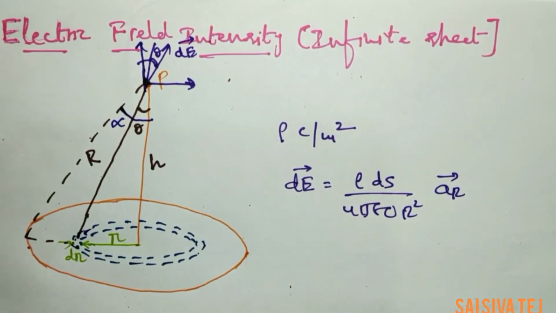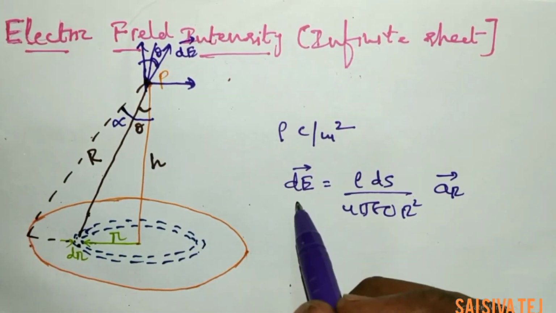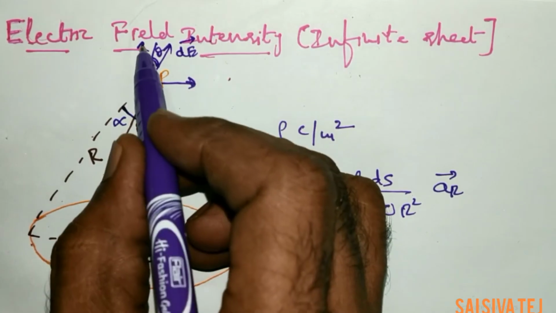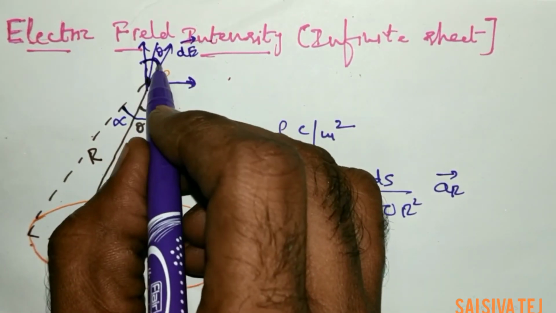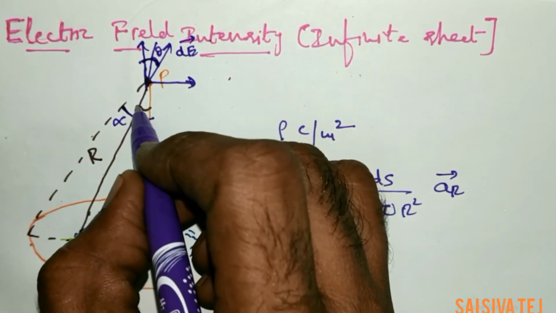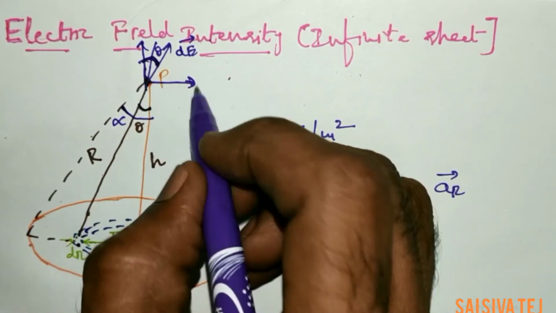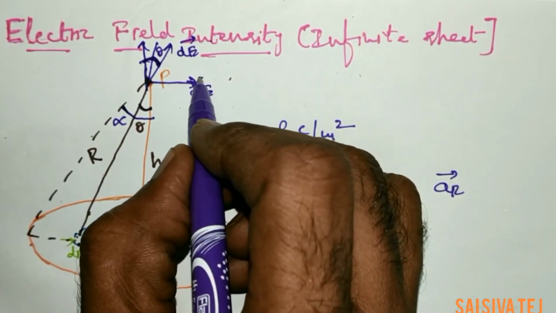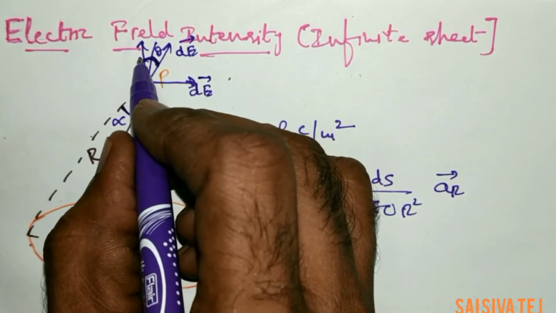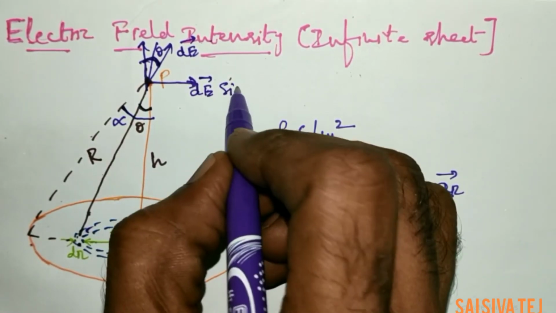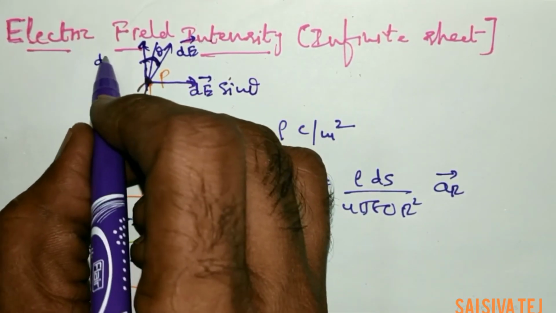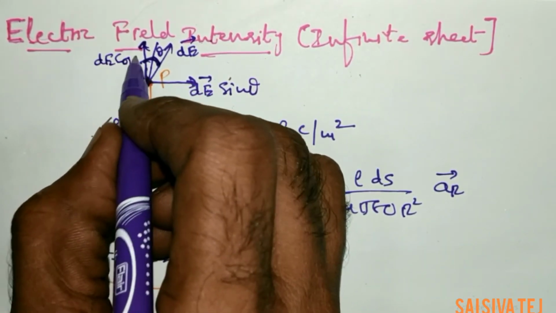If you observe carefully, this dE bar can be divided into two components, one horizontal and another vertical. This angle is theta here, and as this angle is theta, this also will be equal to theta. So this will be dE cos theta, this will be dE sin theta, and this component will be dE cos theta.